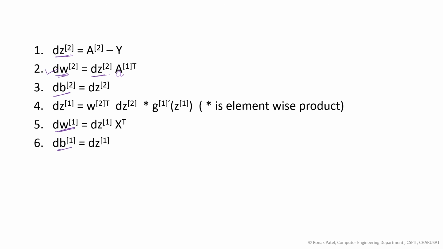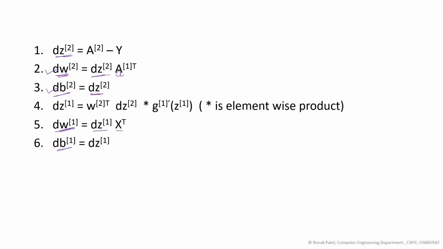The next is db2. So db2 is dz2 and we have already calculated this dz2, right? So now we have db2 as well. Okay, now we want to calculate dw1. So dw1 we calculate like this: dz1 into x. This is capital X for M training examples, small x if you have one training example.